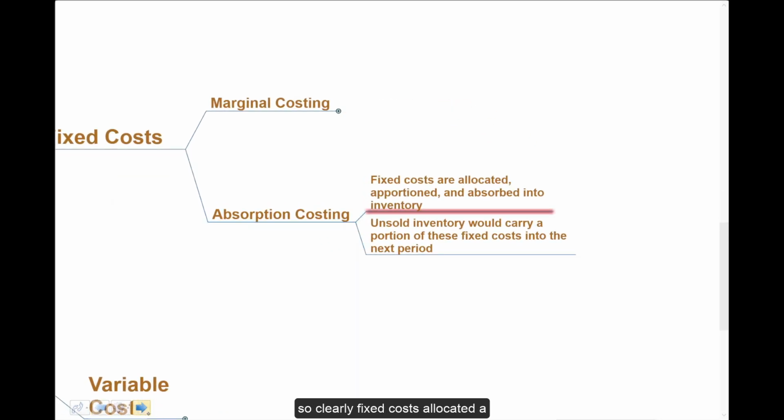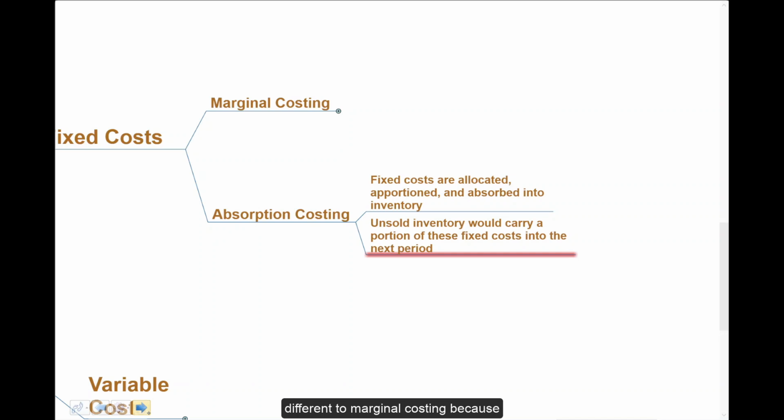So clearly, fixed costs are allocated, apportioned, and absorbed in some way, shape, or form using an absorption rate into inventory. I'm talking about stock, raw materials, finished goods, etc. Now note, any unsold inventory at the end of the period, where we've absorbed fixed cost into it, would carry a proportion of fixed costs into the next period.